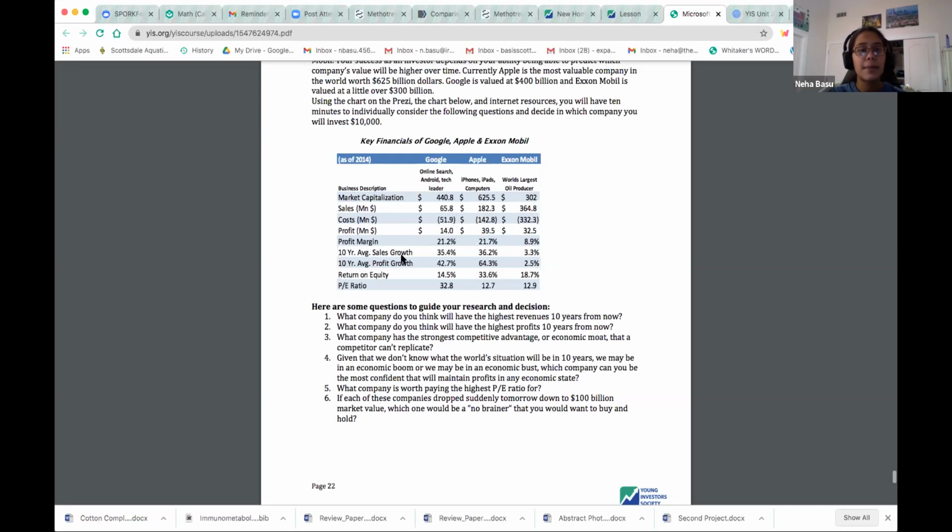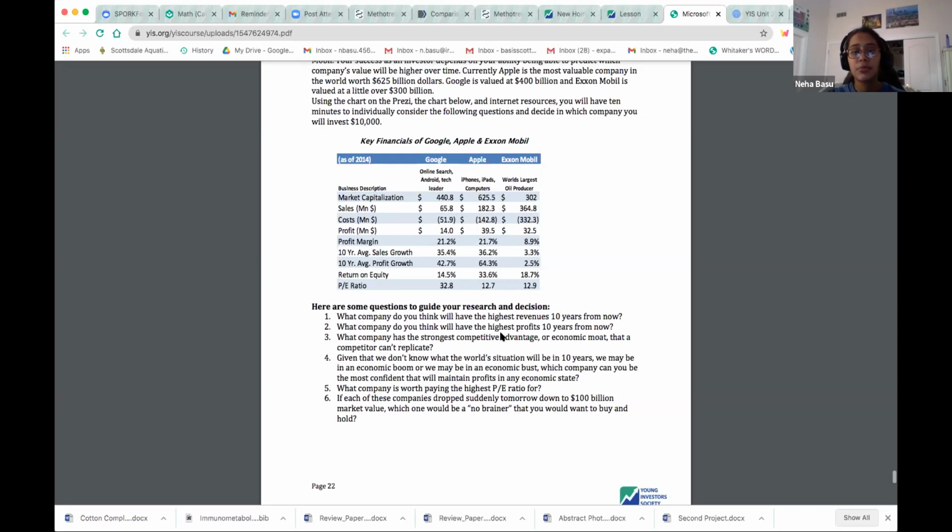But if you look at their average sales growth, you can see that Exxon is lagging a lot behind these other two companies. So I would say that probably either Google or Apple are going to have the highest revenues 10 years from now. And if you look, Apple currently has higher revenue. So Apple is probably going to have the highest revenues 10 years from now.